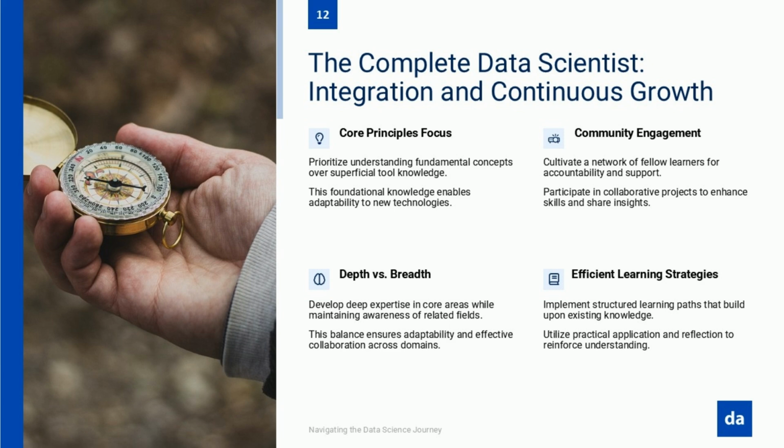The question of depth versus breadth presents an ongoing tension in data science learning. While specialization remains important, the most adaptable professionals maintain awareness across multiple domains. Consider adopting an approach where you develop deep expertise in your primary specialization while maintaining sufficient breadth to collaborate effectively with specialists in adjacent areas.